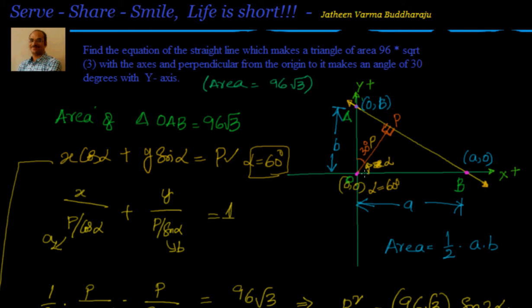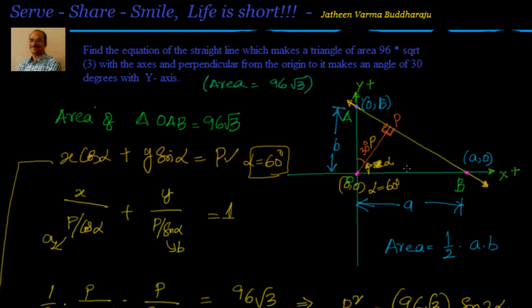We have also been given that the perpendicular, or the normal, to this line makes an angle of 30 degrees with the y-axis. So obviously it makes an angle of 60 degrees with the x-axis. So alpha equal to 60 degrees.